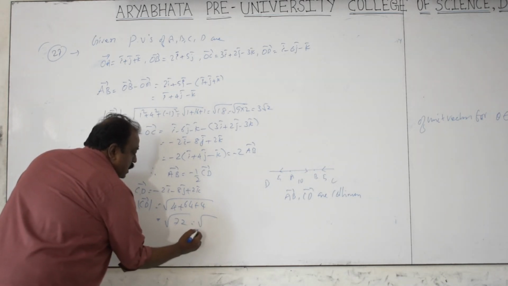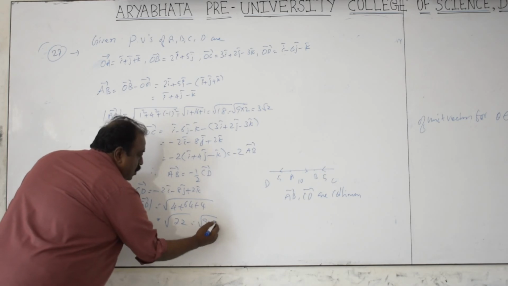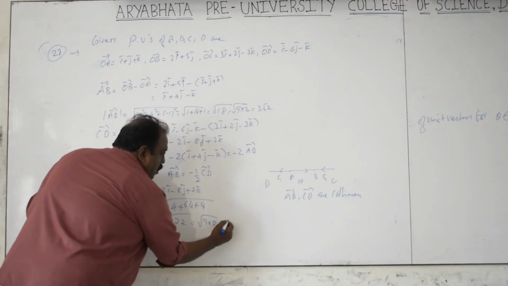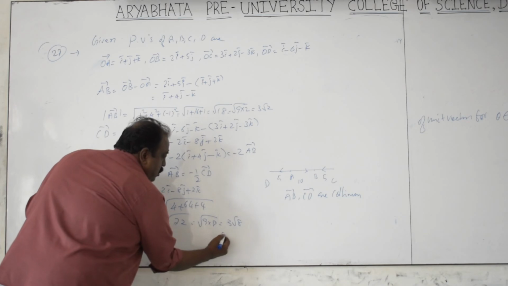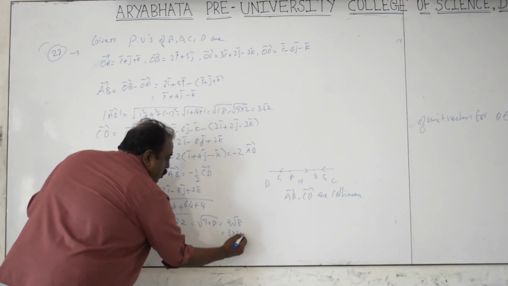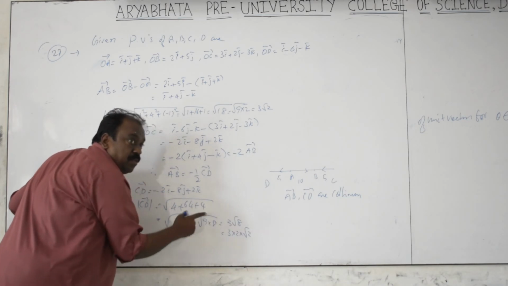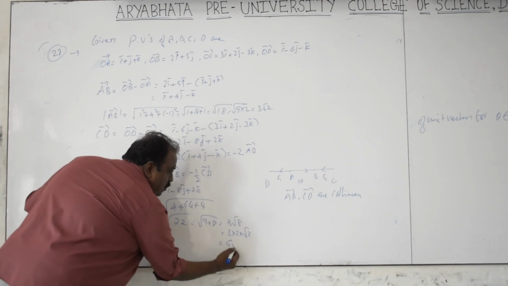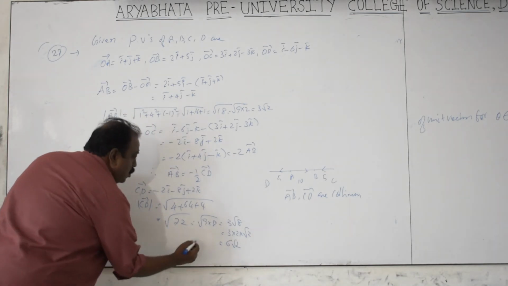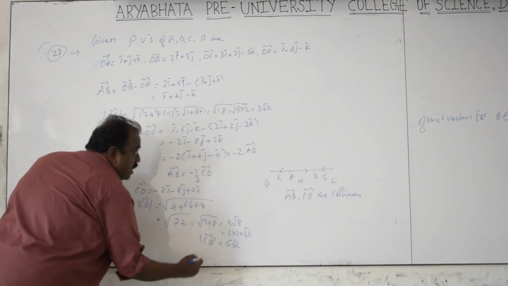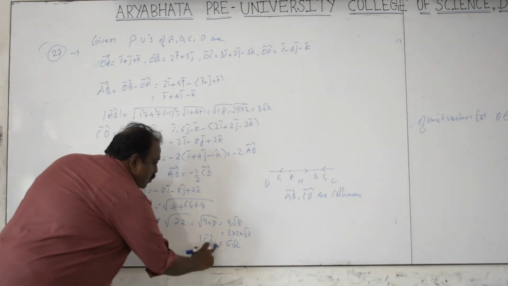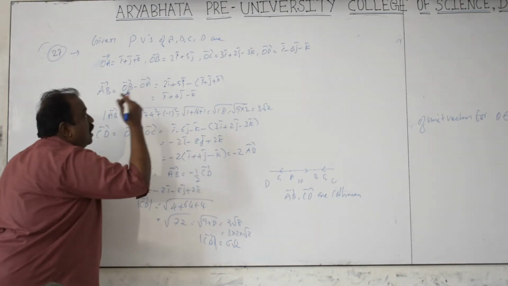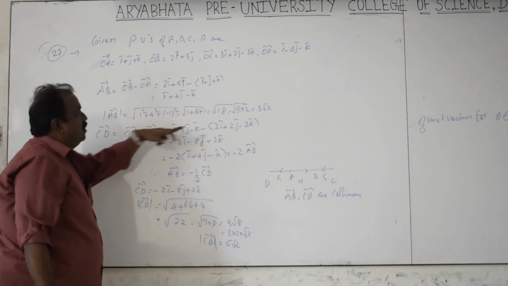That is 9 into 8, 3 root 8, which is 3 into 2 root 2, so 6 root 2. So the modulus of CD bar is 6 root 2, double the length of AB bar.